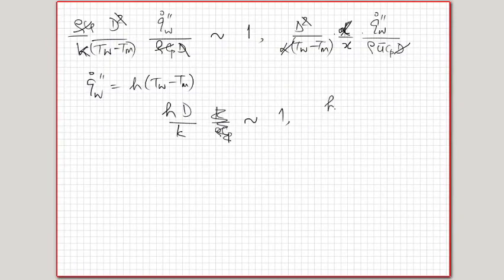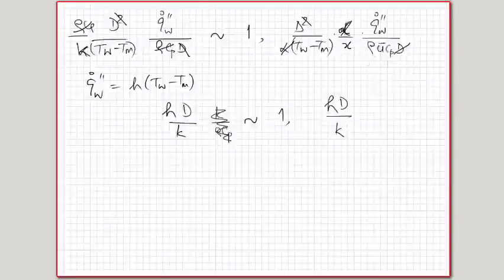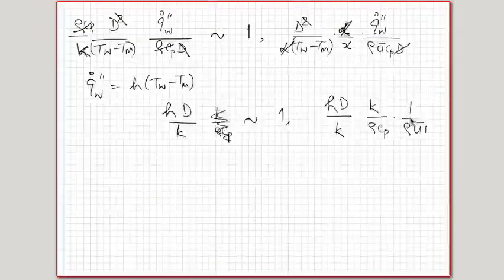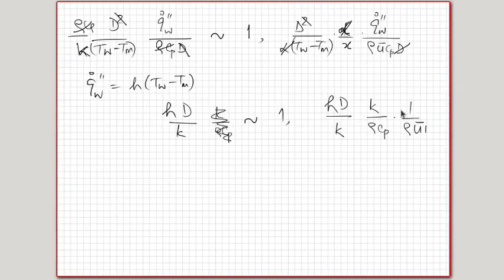So this would become H into D divided by K into, I multiply and divide by K, so I'll have a K divided by rho Cp into 1 over rho u bar x, sorry. That's one term.